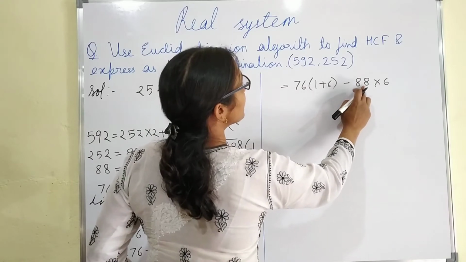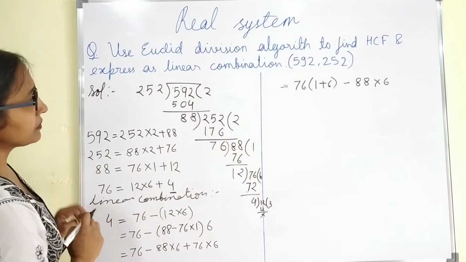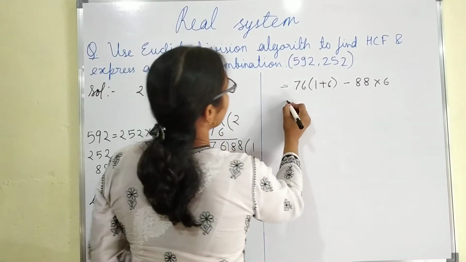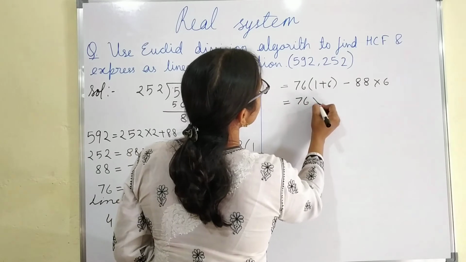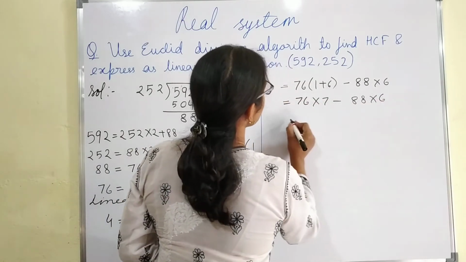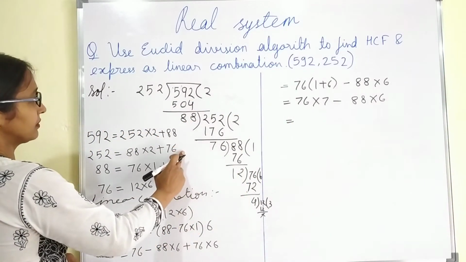Now in this equation I will put value of 88 from 76. I am writing next step. 76 into 7 minus 88 into 6. Now value of 76 from this equation.